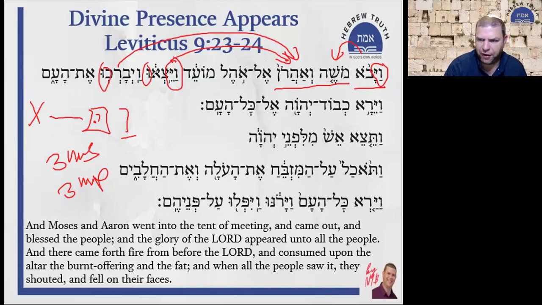But nonetheless, we have the Vav Patah and the Yod with the Dagesh here. The Dagesh drops in Vayvarechu for morphological reasons. Sometimes the Yod loses its Dagesh. It's one of those consonants that may lose the Dagesh.